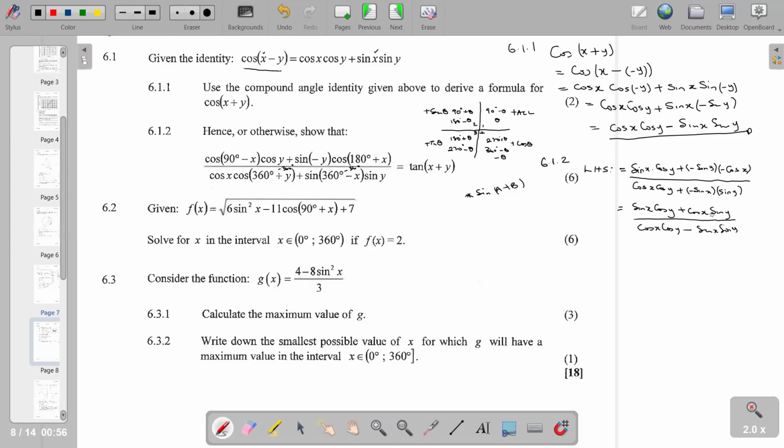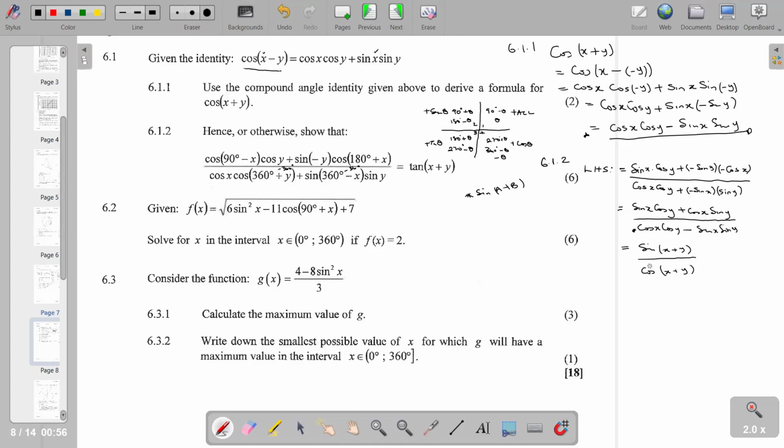But here, as I said from the formula, this reduces to sine x plus y divided by this one. This denominator is what has been proven in 6.1, part 1. And we found it to be cos x plus y.